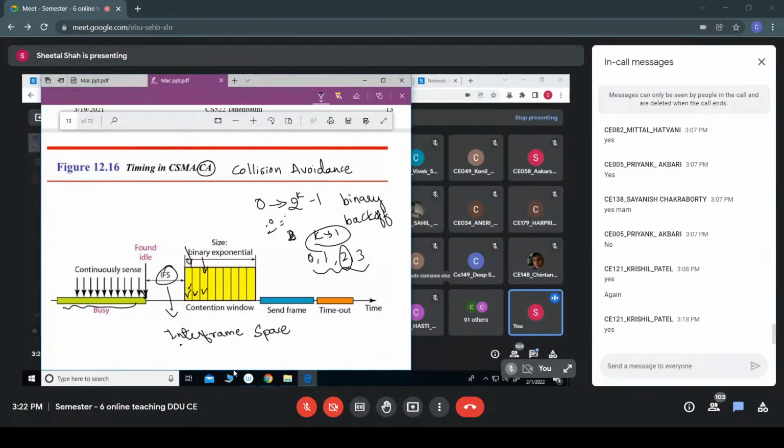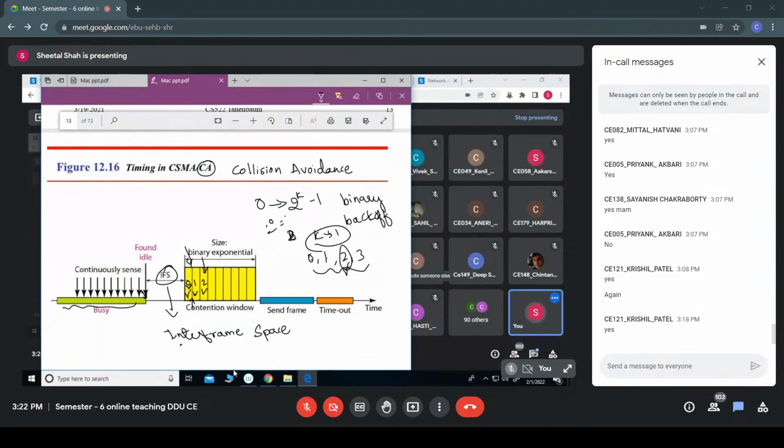Now suppose the station has chosen slot number 2. Once it has sensed slot number 0, it is waiting. At the end of this slot, it would check whether the channel is free. If the channel is free, nothing to do.